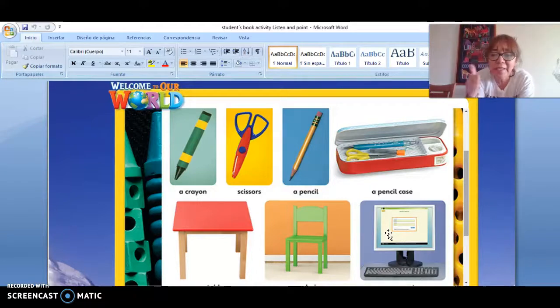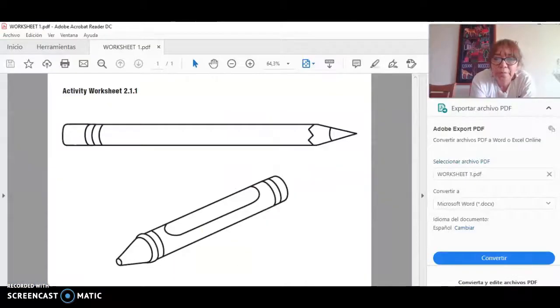Very good. Excellent. So now, next activity. Look at this now. Here we have a pencil and a crayon. So you have to listen and color. Color the pencil yellow. The pencil is yellow.